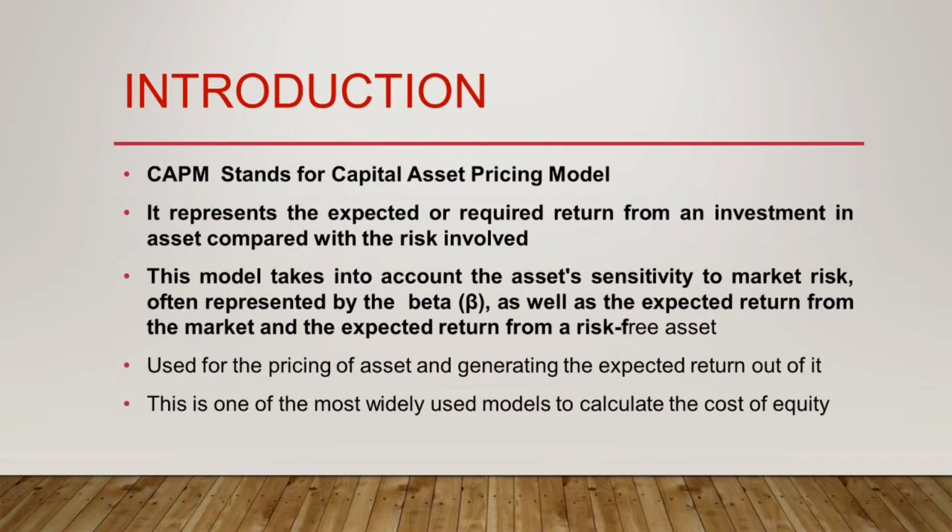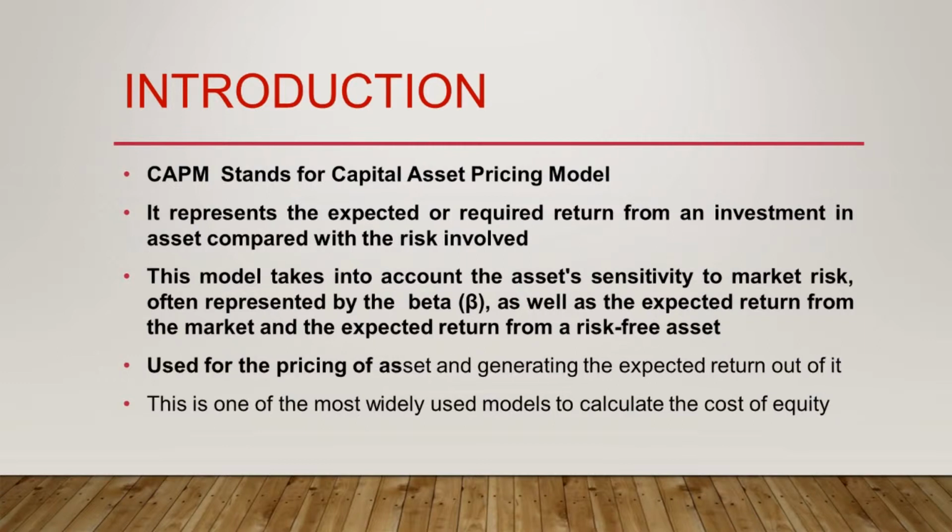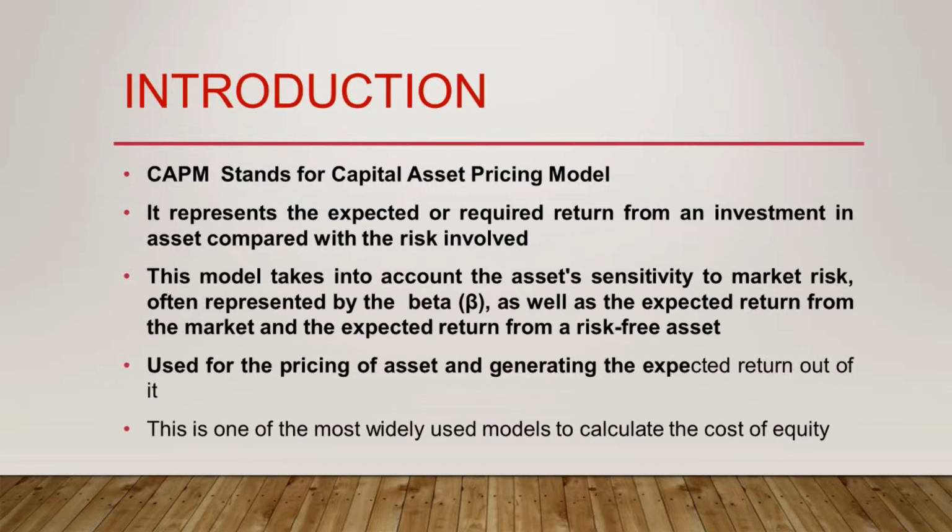When we see the CAPM formula, we will get a clearer picture about what these things are, and why we are taking into consideration the market risk, the beta value, and the risk-free asset. So CAPM is used to calculate the cost of equity, and that helps in the pricing of the asset and generating the expected return out of it.